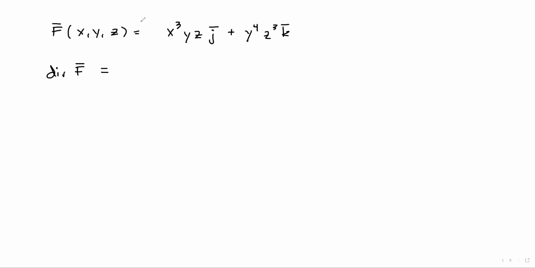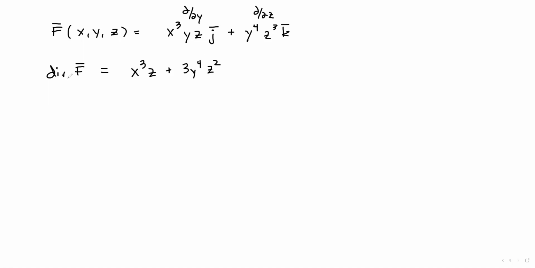You're going to differentiate the x component with respect to x. So there is no x component here. So the derivative of 0 with respect to x is going to be just 0. And then we're going to differentiate this with respect to y and this with respect to z. So the derivative of this with respect to y, we're going to get x cubed z. The derivative of this with respect to z, we're going to get 3y to the fourth z squared.